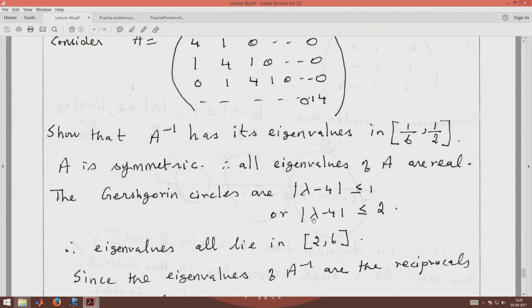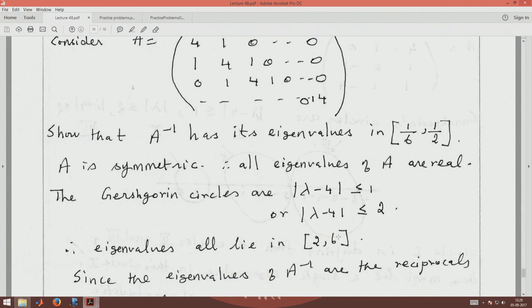So, what does this mean? If you write this out, it tells you minus 2 less than or equal to lambda minus 4 less than or equal to 2, and therefore, that immediately tells you that all the eigenvalues lie in the interval 2 to 6.